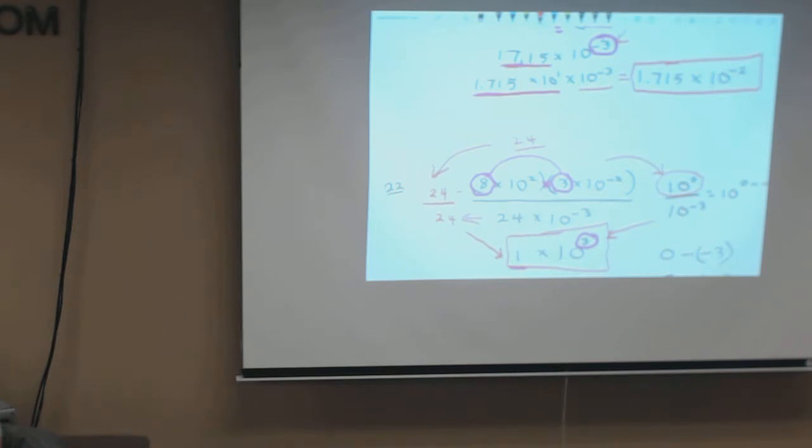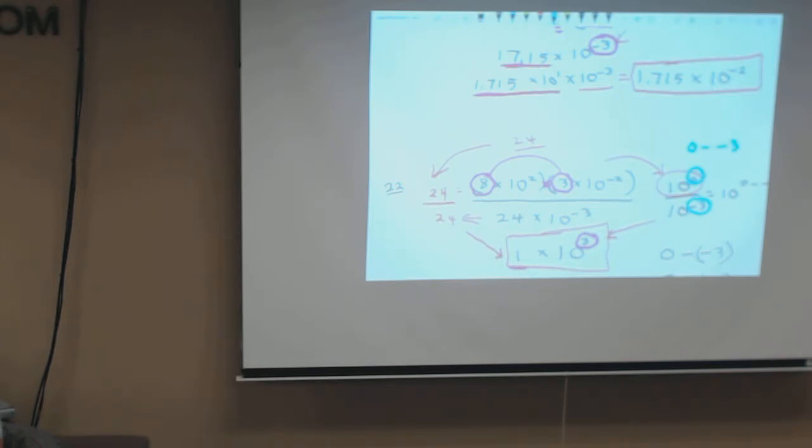I know, but watch. Let me change to blue here, or green. Maybe I better use green. No, let's use blue. You guys don't like this stuff. So here's 0 divided by negative 3. When you multiply exponential numbers, you add the exponents. When you divide, you do what? Subtract. So that would be 0 minus negative 3.